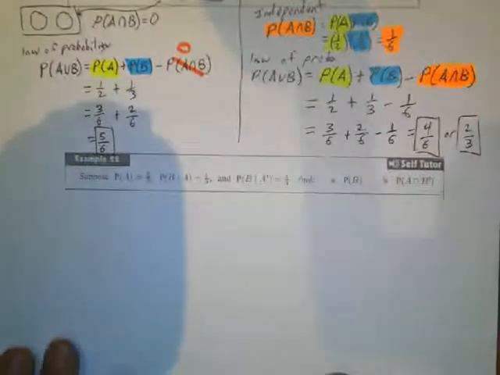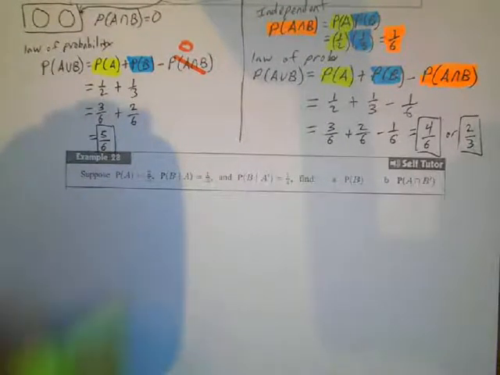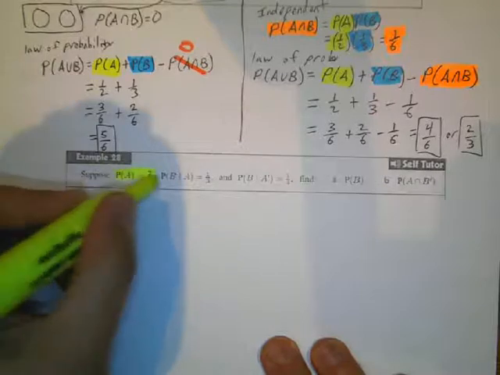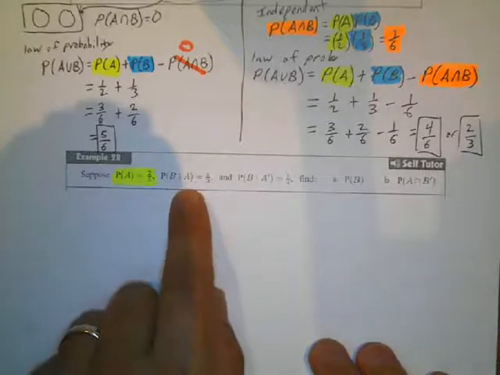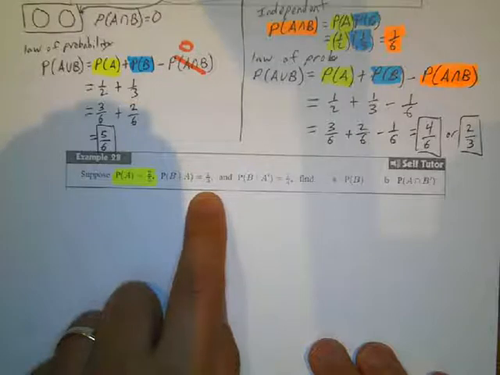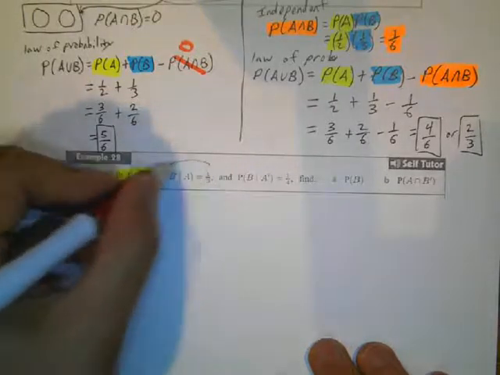Okay, let's do the next one here. The probability of A is 2/5. The probability of B given A is 1/3. So let's look at this for a second.